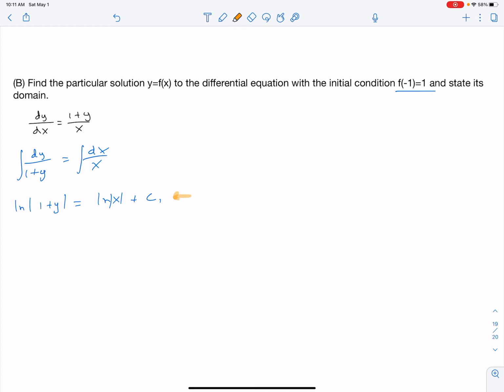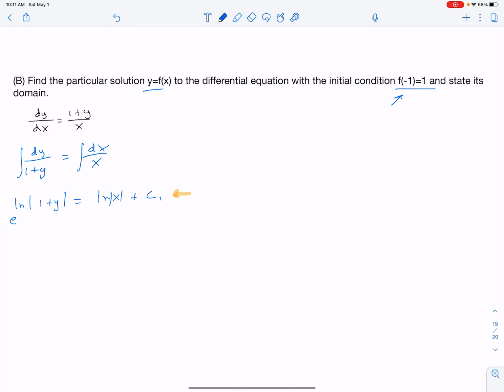I'm going to come back to that spot in a little bit, so I'm going to highlight it. It's kind of important. But let's keep going. They want us to write this as y equals f of x, so I'd like to solve for y now. We do our normal thing to get rid of the natural log. So we get the absolute value of 1 plus y equals e to the ln absolute value of x plus c. Reminder, these exponents are put together through addition, so we can rewrite it like that.